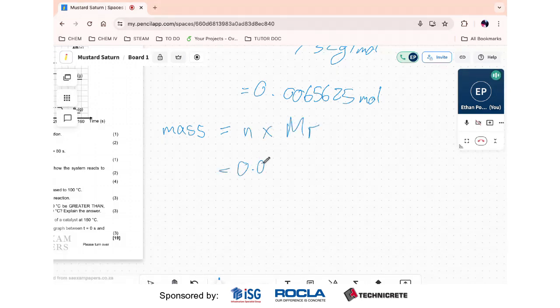So we carry our answer from before times the molar mass of sodium thiosulfate, which, if we can just look this up real quick, is 158 grams per mole.